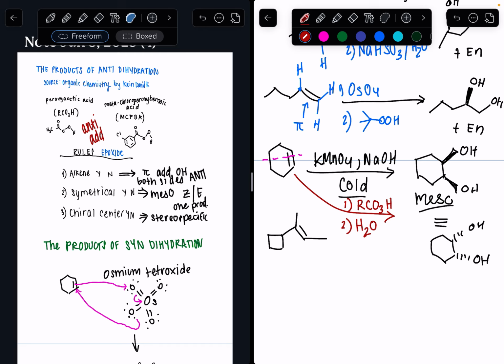So this one will produce a meso compound as well.